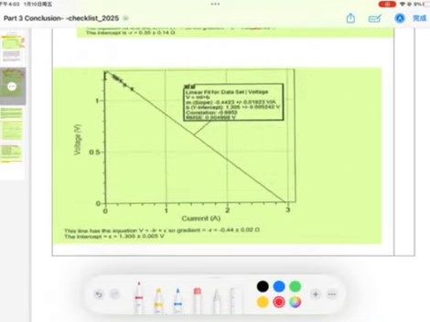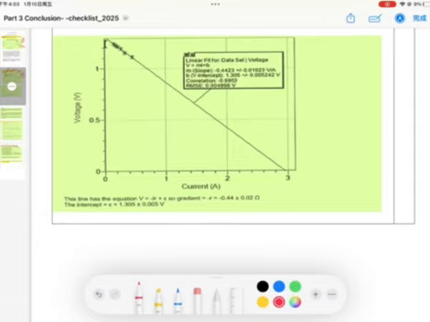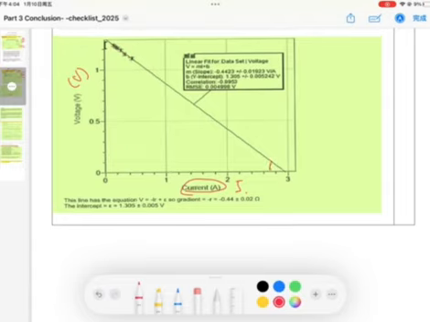But if he uses another set of data, which is current and voltage, he could use the gradient over here to calculate the internal resistance.